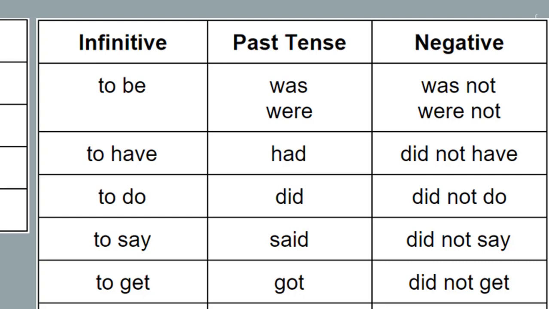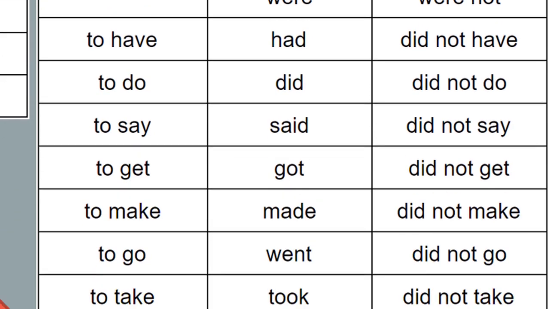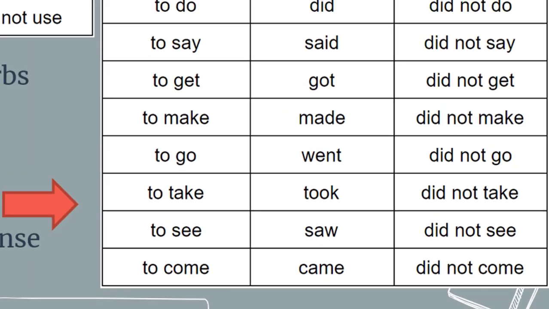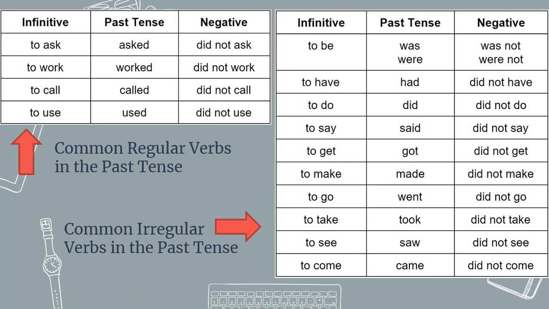Ahora los siguientes verbos. Have, tener, en pasado sería had. Do, did. Say, said. Get, got. Make, made. Go, went. Take, took. See, saw. Come, came. Estos verbos, those verbs, they change.